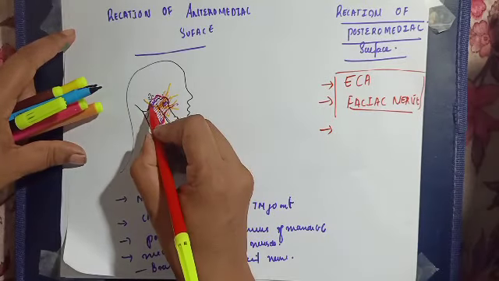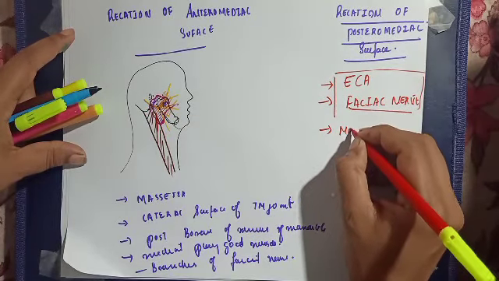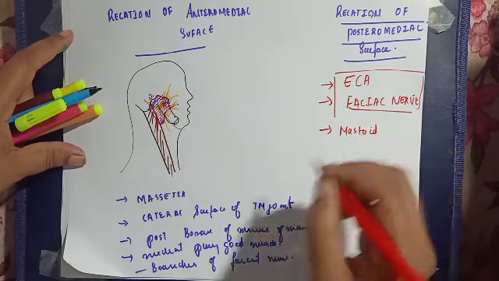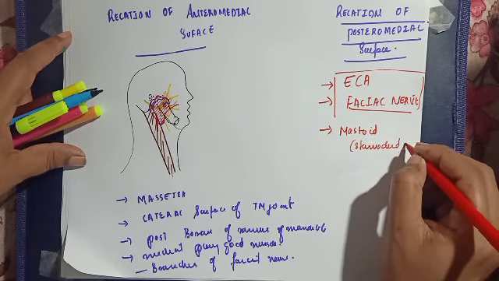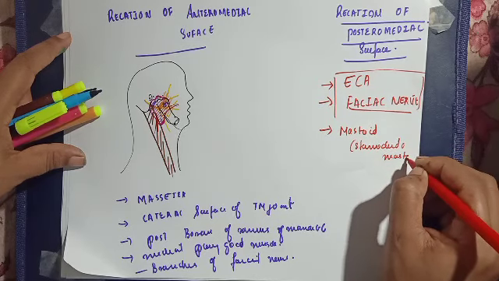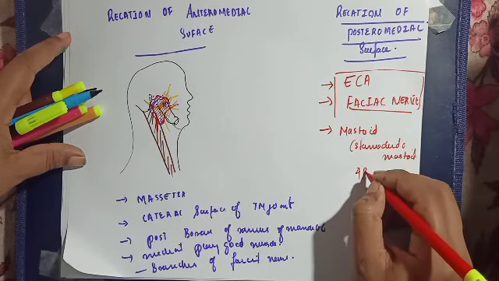Now it is also related to a bony part, that is the mastoid, and the structures attached to the mastoid include the sternocleidomastoid as well as the posterior belly of digastric.